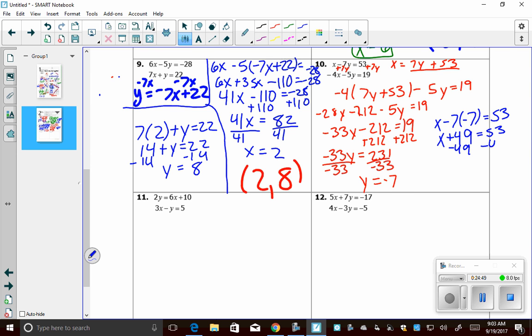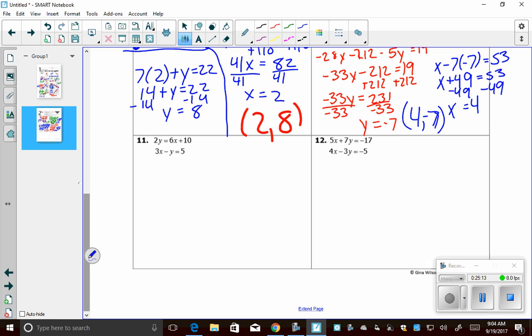Subtract 49 and you get x is equal to 4. So your final answer is going to be x comma negative 7 as an ordered pair. I'm sorry, not x. That should be 4 comma negative 7 as an ordered pair. Okay.